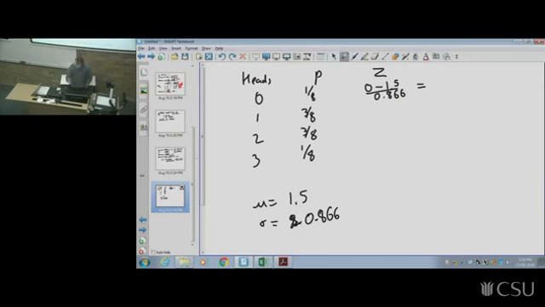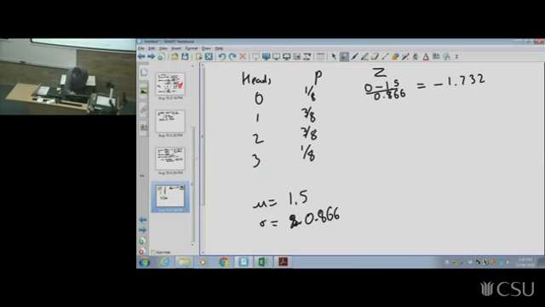So I'm telling you on the calculator what that corresponds to. Minus 1.732. So let's do the next one.